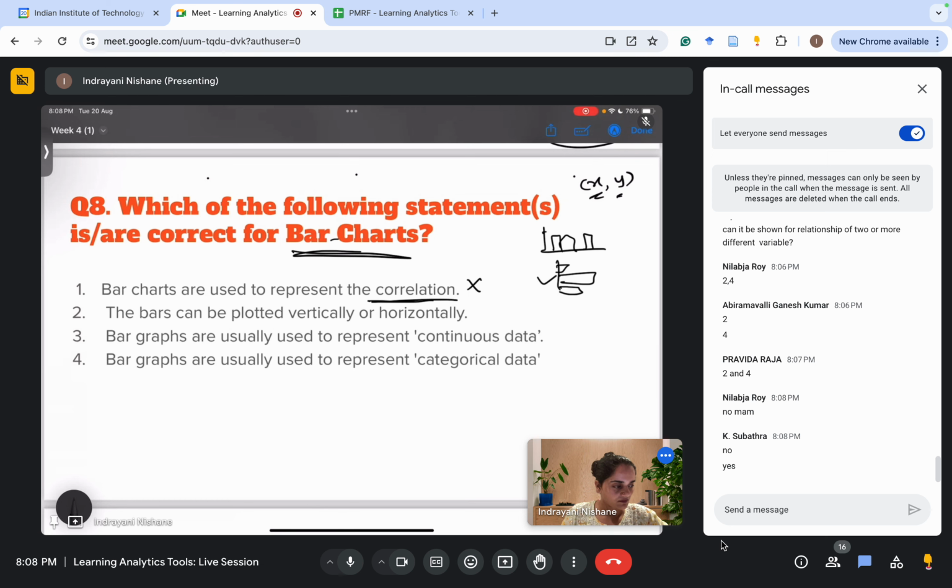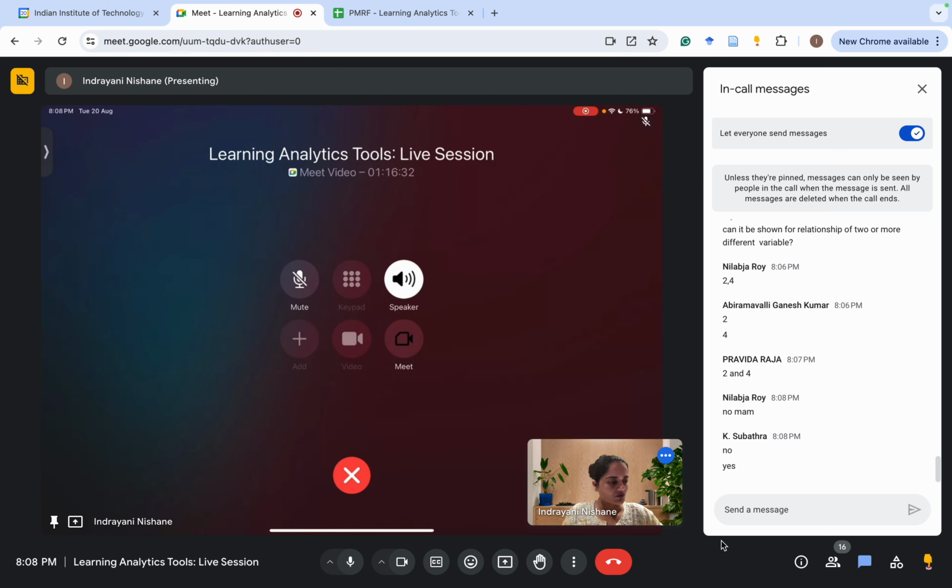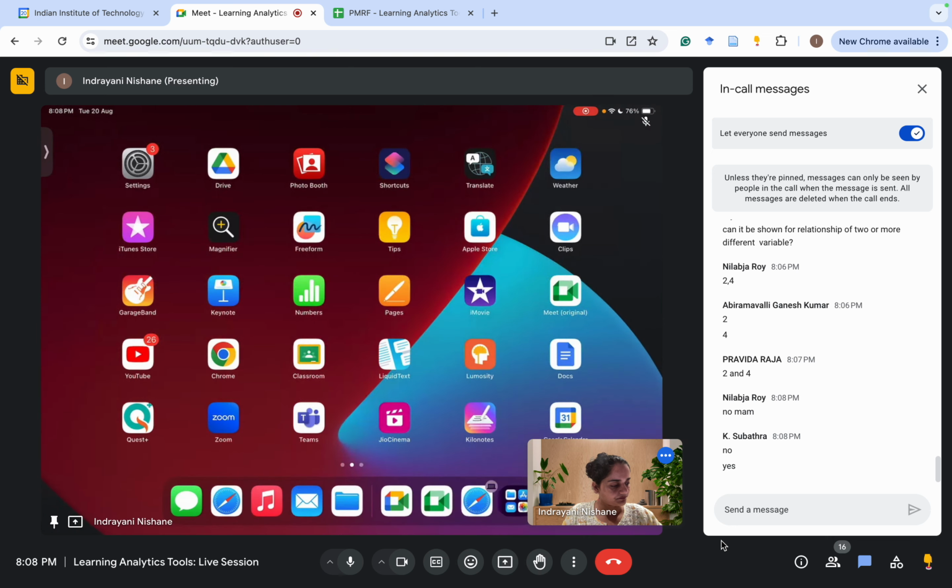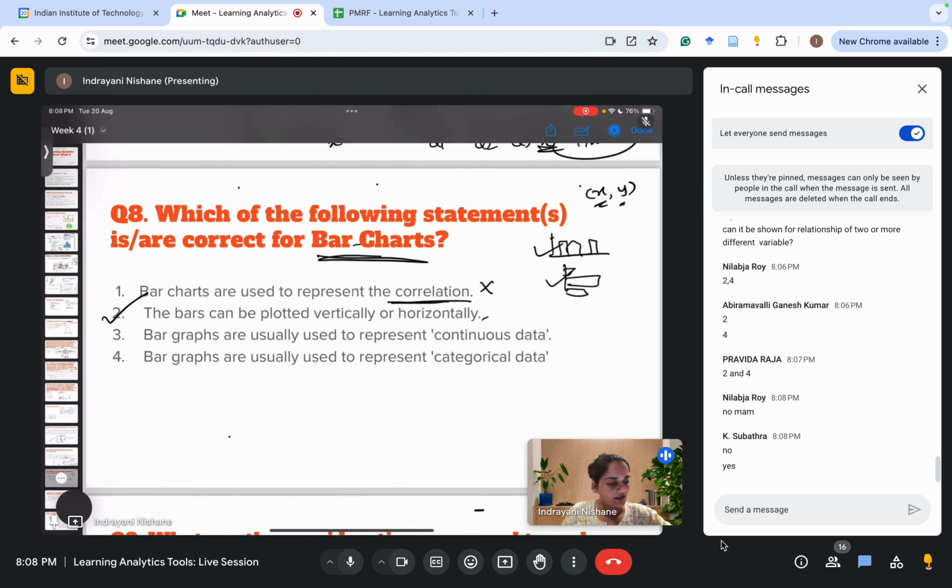Both are correct, so this is correct. Then bar graphs are usually used to represent continuous data, and bar graphs are used to represent categorical data, right? Which of these statements is correct?